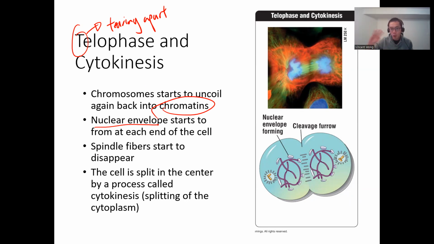We no longer need the spindle fibers. We're done moving things around. And then we're going to split the cell in a process called cytokinesis. That's just a fancy word for dividing the cytoplasm. Each gets roughly half and half. And that's it.